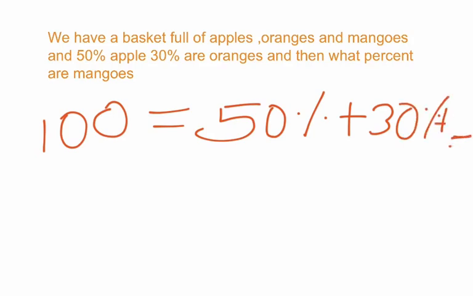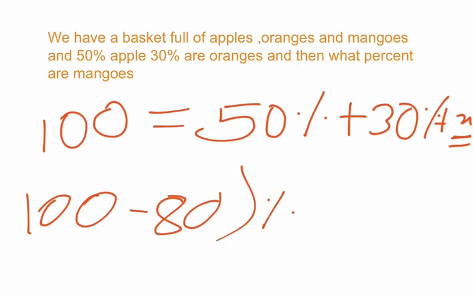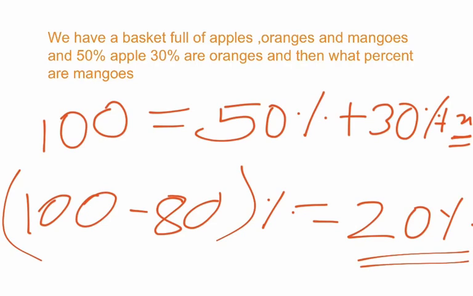So what is this x left? Again with the same method, 100 minus 80. So what will your answer be? Your answer will be 20%. That is your whole answer.